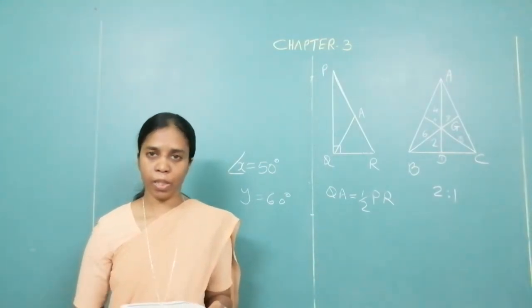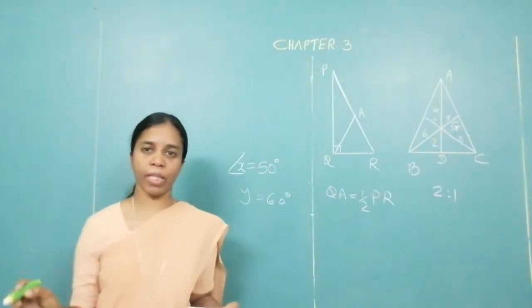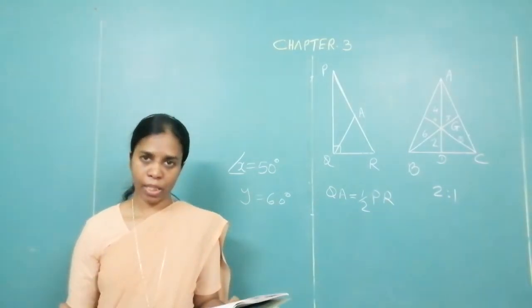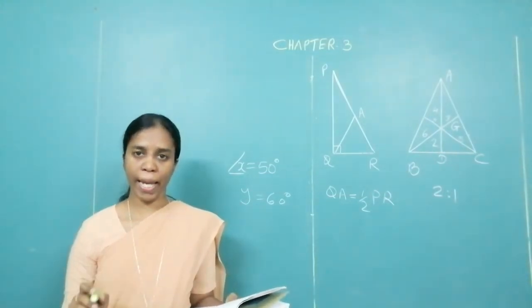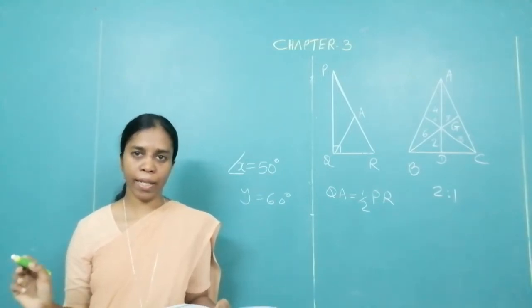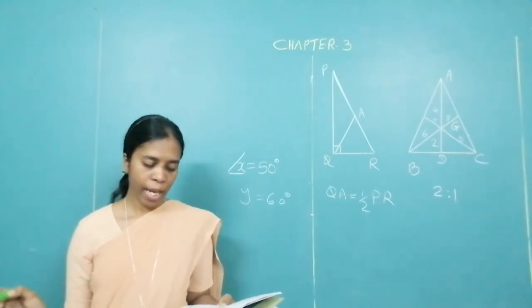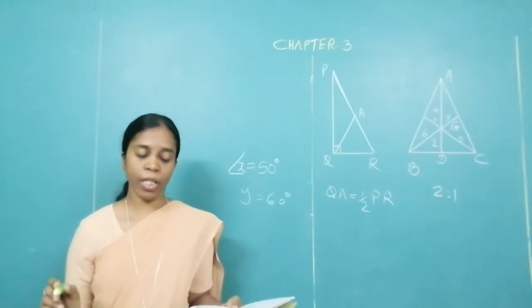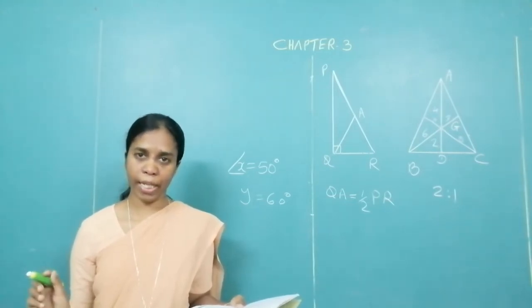Now I repeat the steps. How are you supposed to write it? First draw the diagram, a rough diagram at the side. Then the first step: in triangle ABC, angle ABC equals x equals 50 degrees, reason: isosceles triangle. In triangle BDC, angle BCD equals y equals 60 degrees, reason: isosceles triangle.